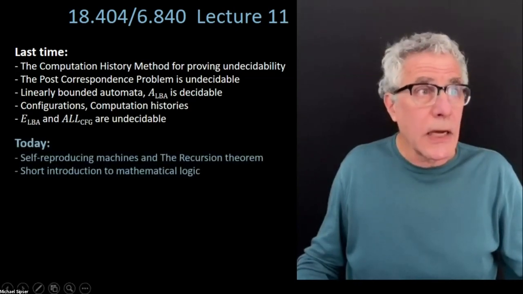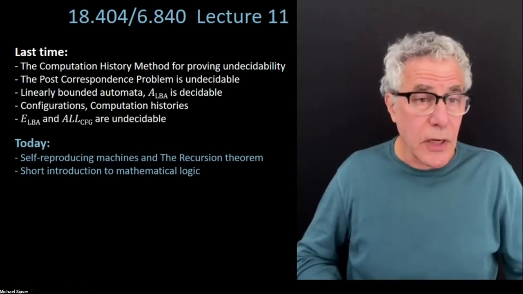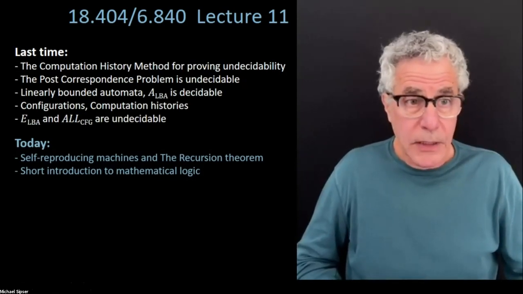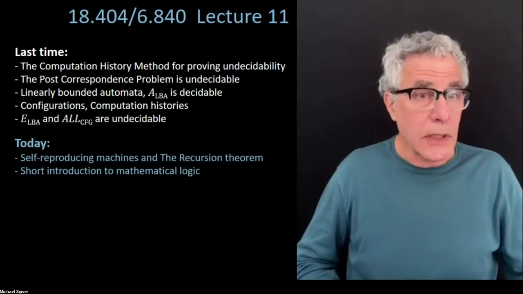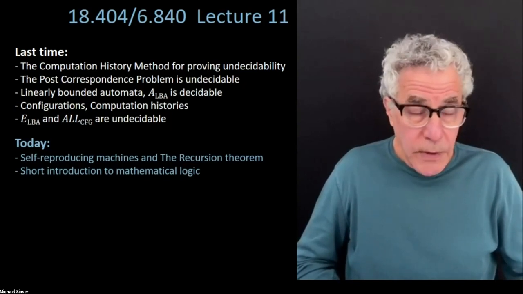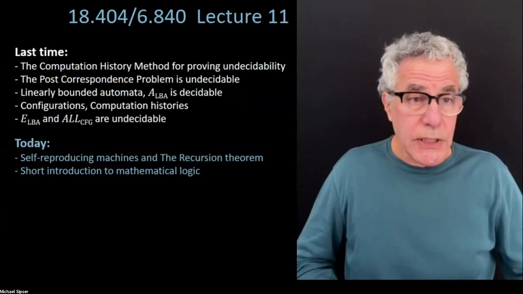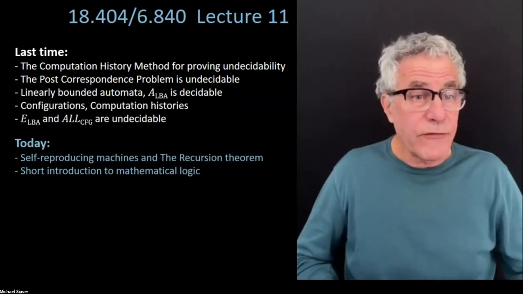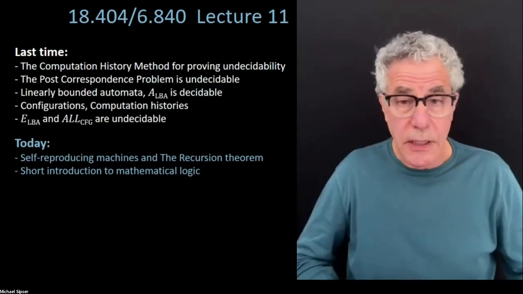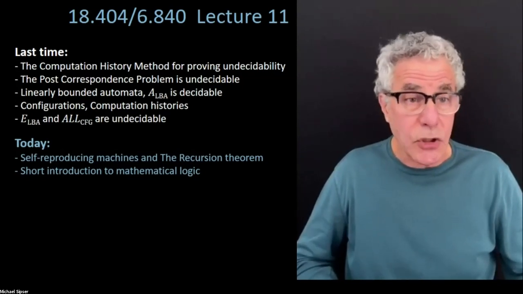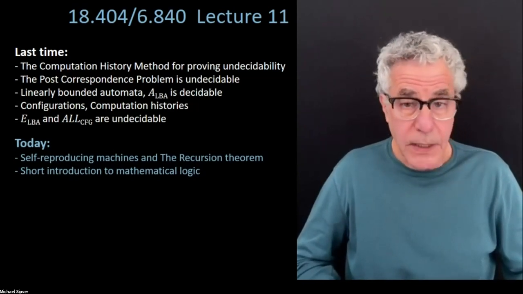Okay, so today we're going to shift gears. In our last lecture on the computability section of the course, we're going to talk about something called the recursion theorem, which basically gives Turing machines, and any program, the ability to do self-reference, so that you can actually get at the code of the Turing machine or the code of the program that you're writing.